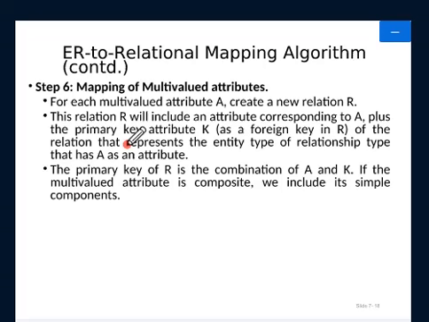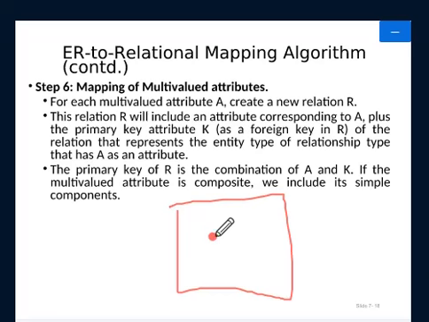So what happens here? We have the multi-valued attribute. When we take the company, we have the department name and location. Suppose I keep the location in the same table where I kept the department number, department name, and the manager start date, manager, everything.